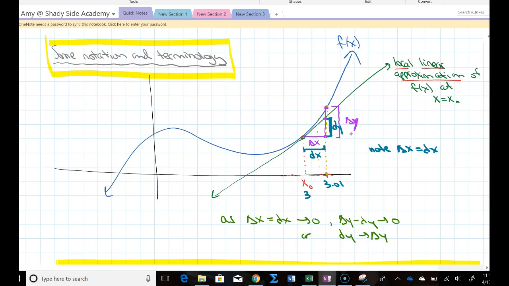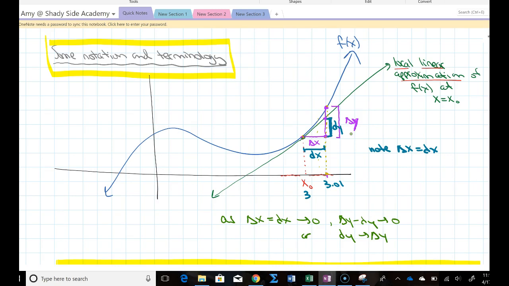All right? Very good. Tonight's homework assignment, you will find some questions where they ask you to find the local linear approximation of some function f of x, right, at, say, x equals -2. And then they'll ask you to use the local linear approximation to approximate f of x at x equals -1.9, right?